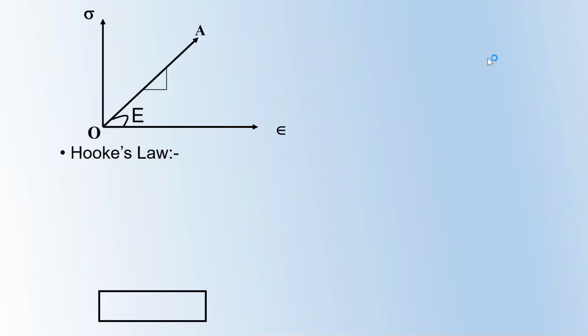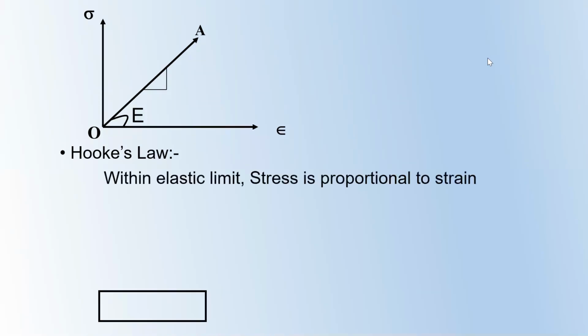Here there are two axes, one is stress on the y-axis and strain on the x-axis. So it is the graph of stress versus strain, and what Hooke says is that within elastic limit stress is proportional to strain.